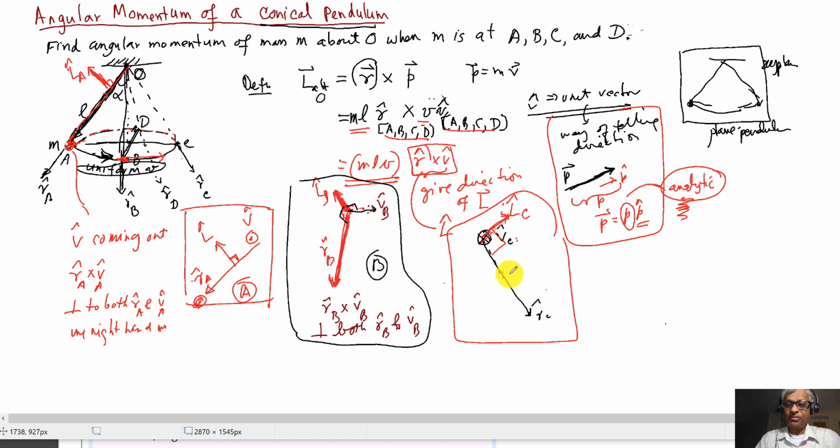So D, I'll let you do D yourself. If I draw out the pendulum going in this circle, and I draw L over here, you can draw when it's over here, L is that way. When it's over here, L is that, this is 90 degrees, and L is that way.